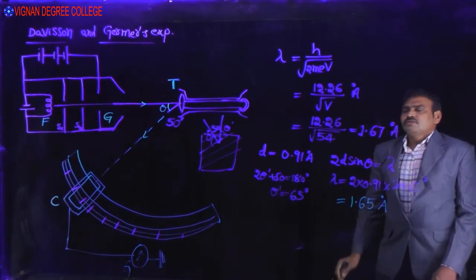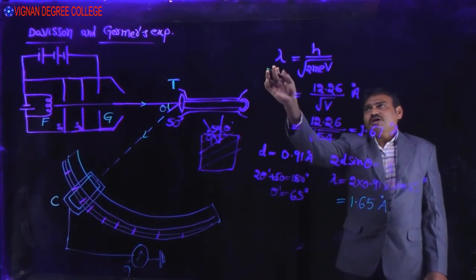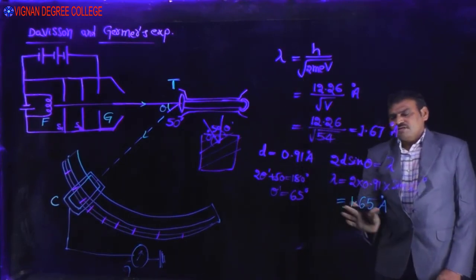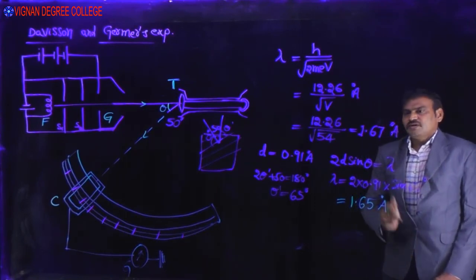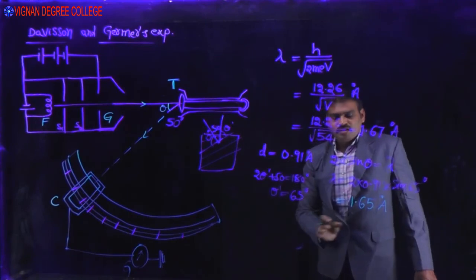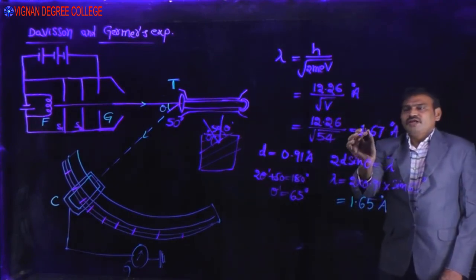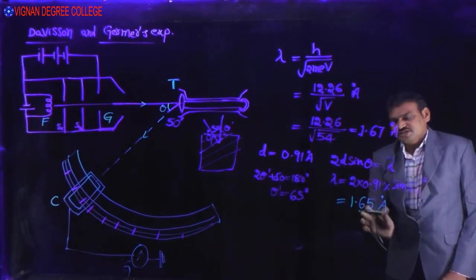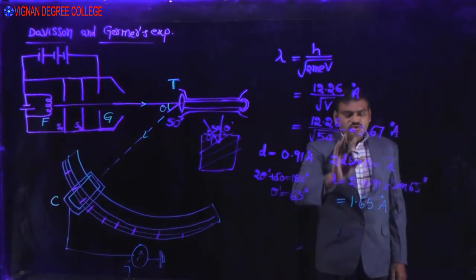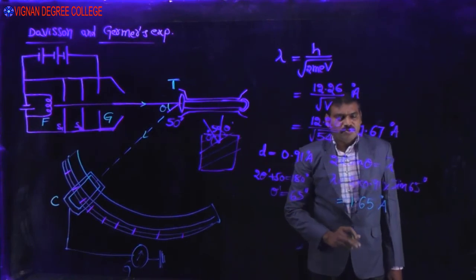Now compare the values obtained from De Broglie's wavelength and from X-ray analysis. Here we are using the same nickel crystal. So by comparing these two values, 1.67 angstroms and 1.65 angstroms, the two values are approximately the same, in good agreement.